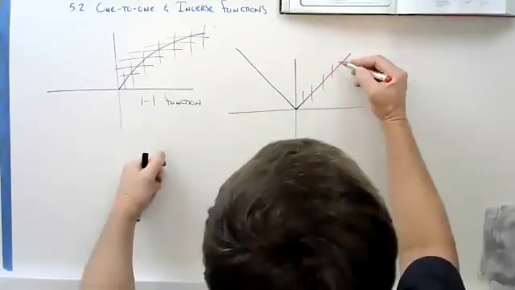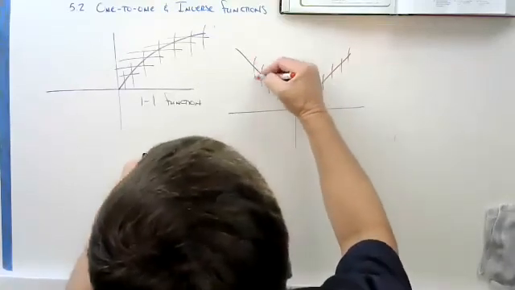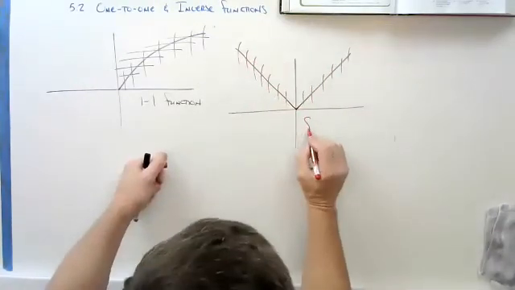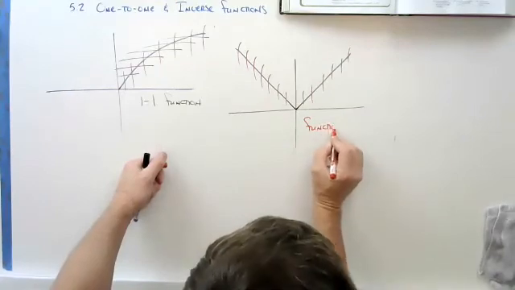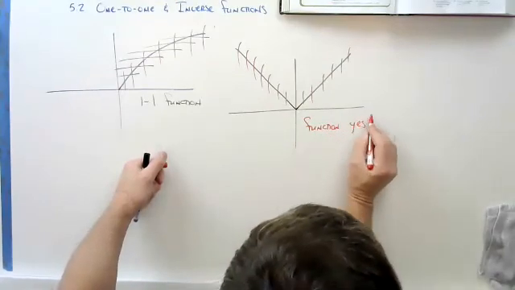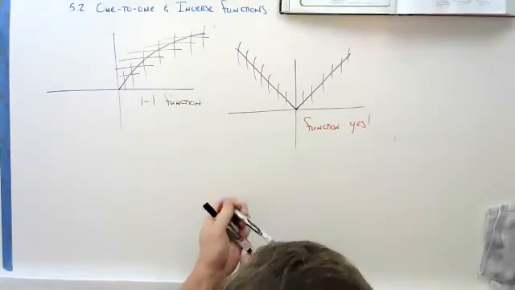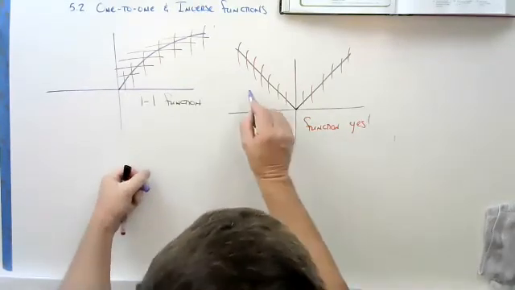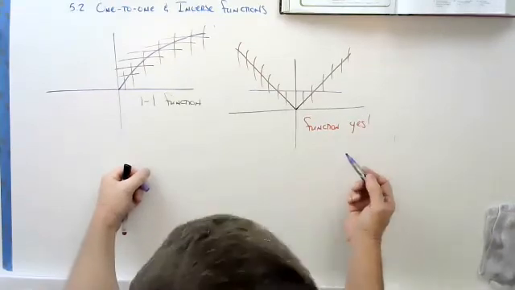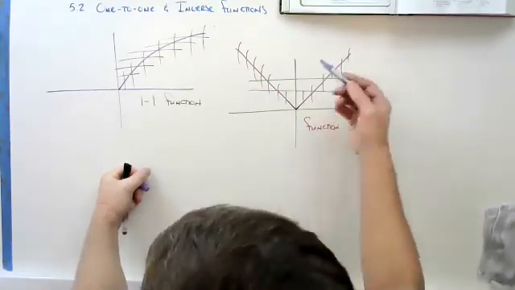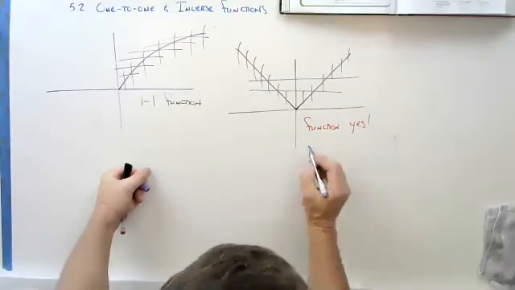She's a function. Passes the vertical line test. Function? Yes. One-to-one function? No. Not a one-to-one function. Hits it twice. If you draw a horizontal line instead of that one, which was like 75 degrees off. Not a one-to-one function.